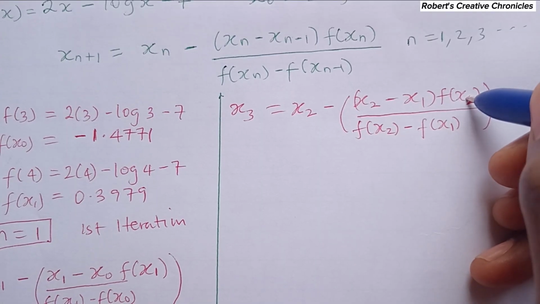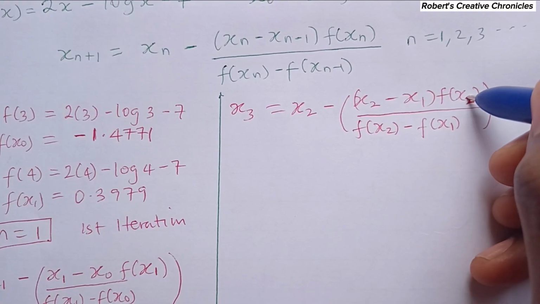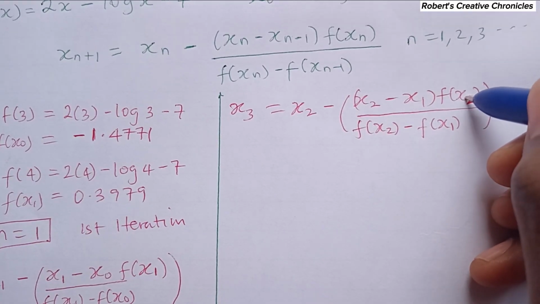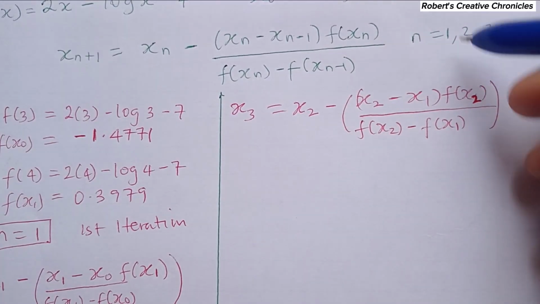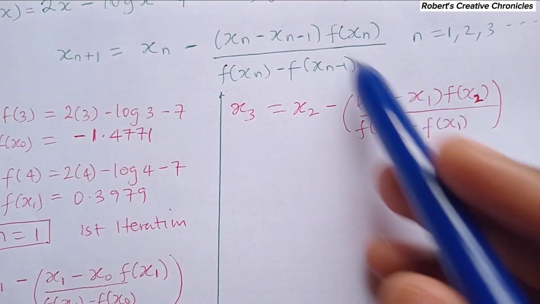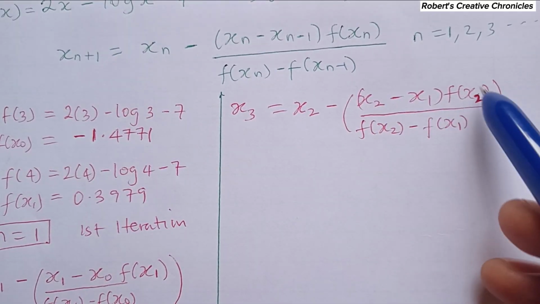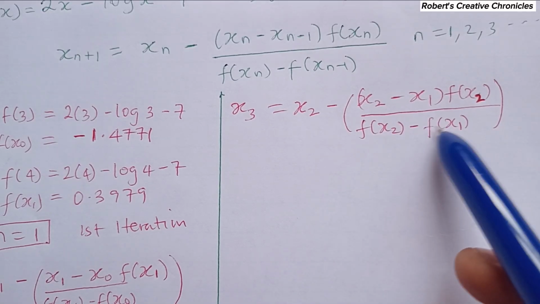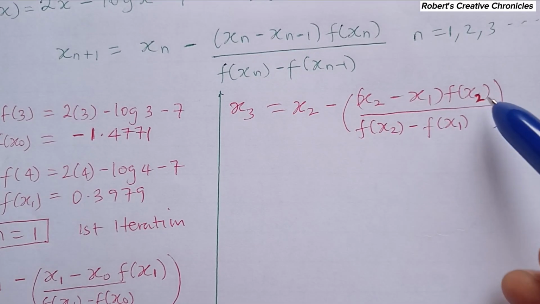And since n is 2, here is also 2, not 1, since n is 2. Here also is x2 minus, then 2 minus 1, then fx2 over fx2 minus fx1. So here is 2, not 1.